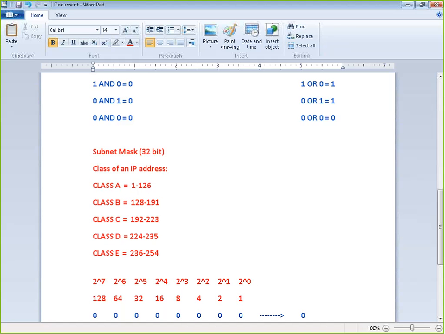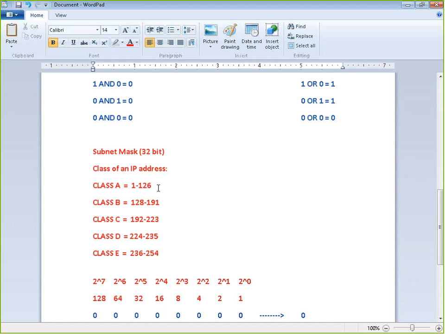Okay, so in that case, if I put the first octet as 0, which means the effective decimal value is also going to be 0, which means the network ID would be 0. You understand that? So network ID cannot be 0. Network ID has to be a value.